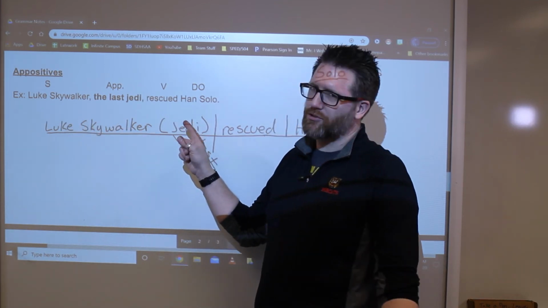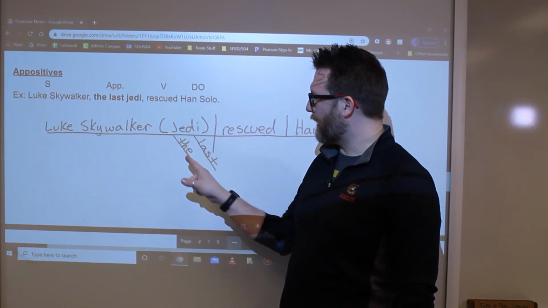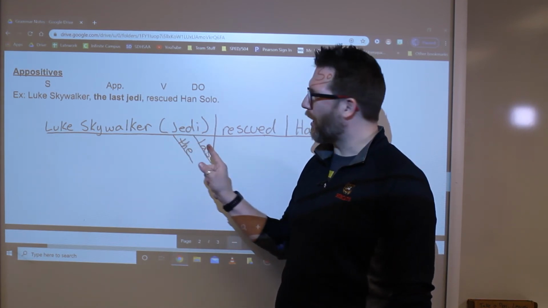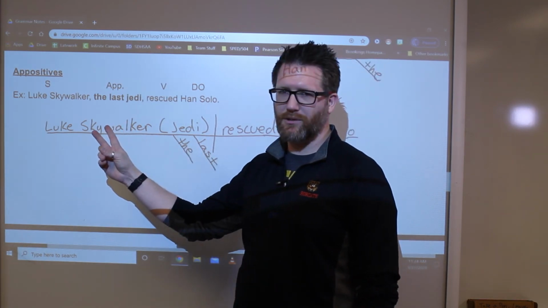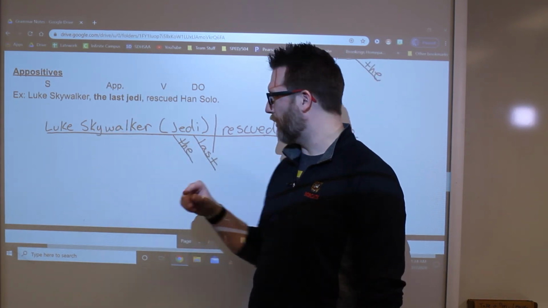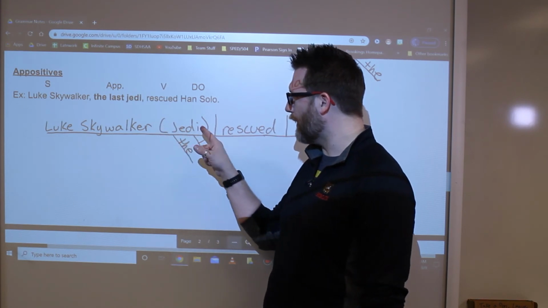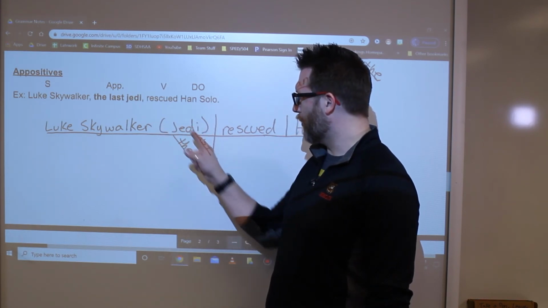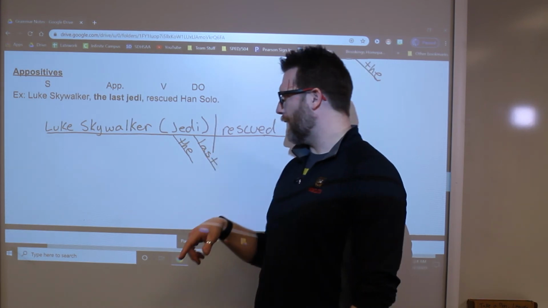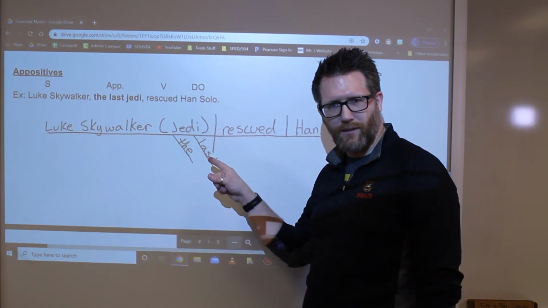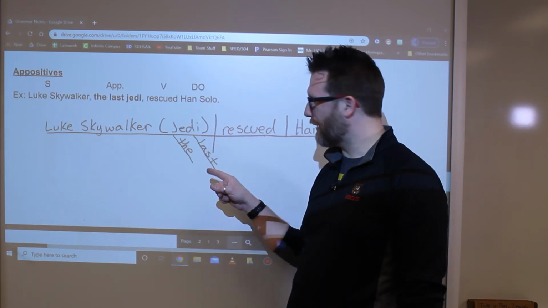What describes Jedi? You need to make sure that these ribs are underneath Jedi. Don't have them over here underneath Luke Skywalker, because that's not going to be right. Underneath Jedi are the words that describe Jedi, the and last. Then you have the big tall vertical line.